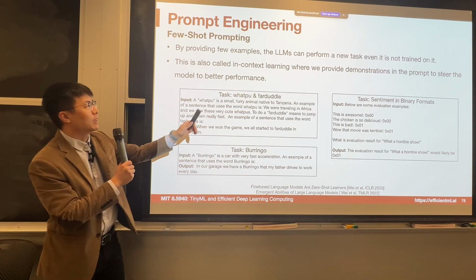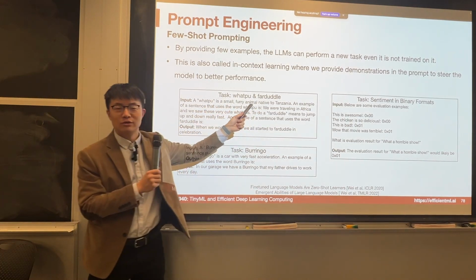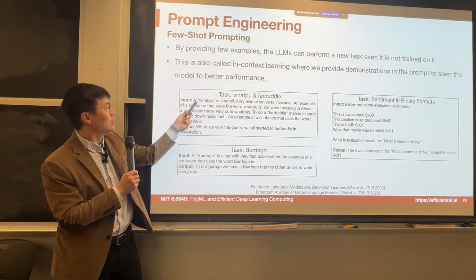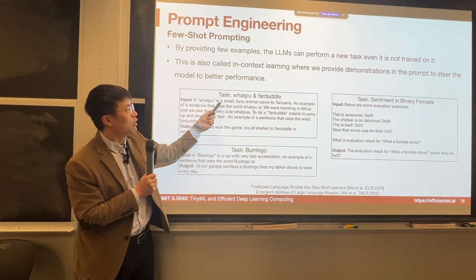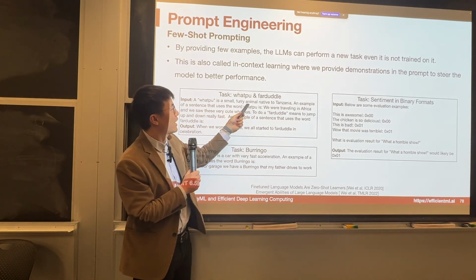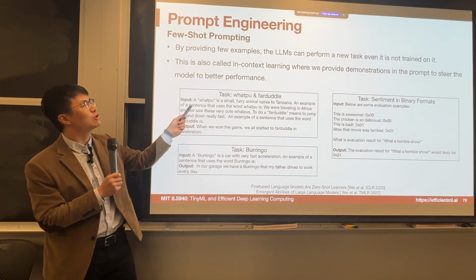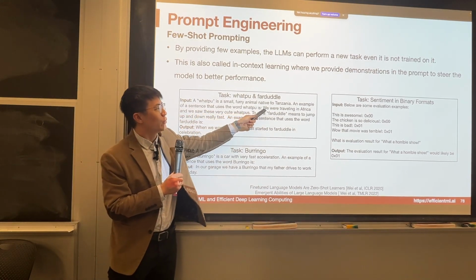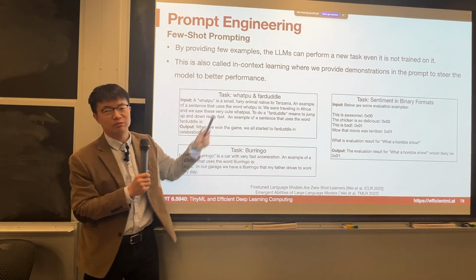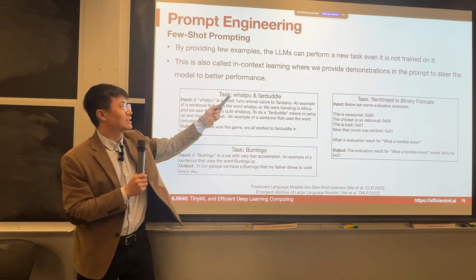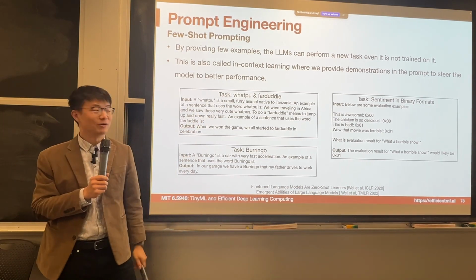For example, the task is Waterable and Fardoodle. What is that? Actually, we describe that in the prompt. A Waterable is a small furry animal native to Tanzania. An example sentence that uses the word Waterable is, we are traveling in Africa and we saw these very cute Waterables. So we give an example by defining a new animal and then how to make a sentence using that animal.